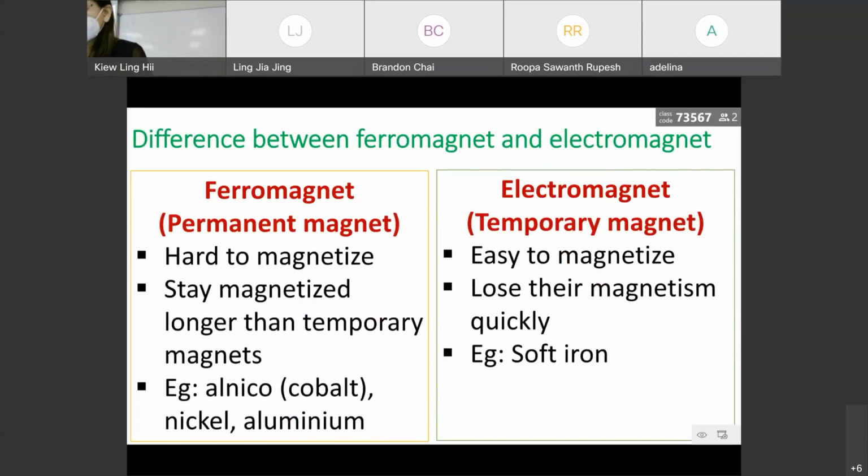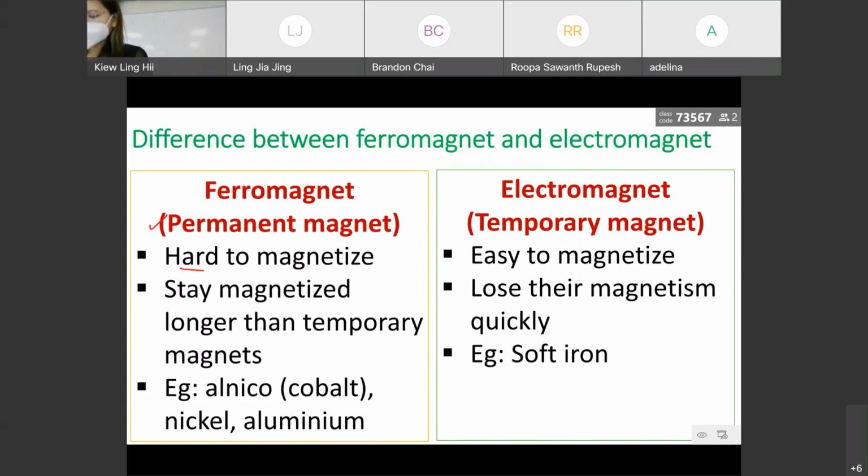So a ferromagnet is a permanent magnet. It is a born-to-be magnet. When it is first invented or first born, it is already a magnet. The one that you buy from Daiso, that is a ferromagnet. It's actually hard to magnetize, because it has to be originally a magnet, difficult to change.